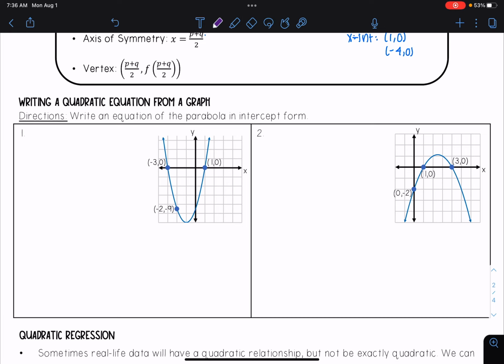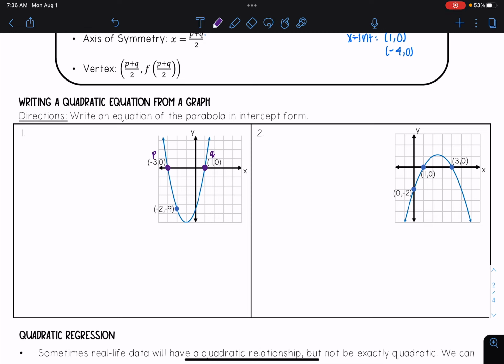So I see I have an x-intercept at negative 3, 0 and one at 1, 0. So that means that my p is going to be negative 3 and my q is going to be 1. You could also flip-flop that. My q could be negative 3 and my p be 1. You'll still get the same answer at the end.